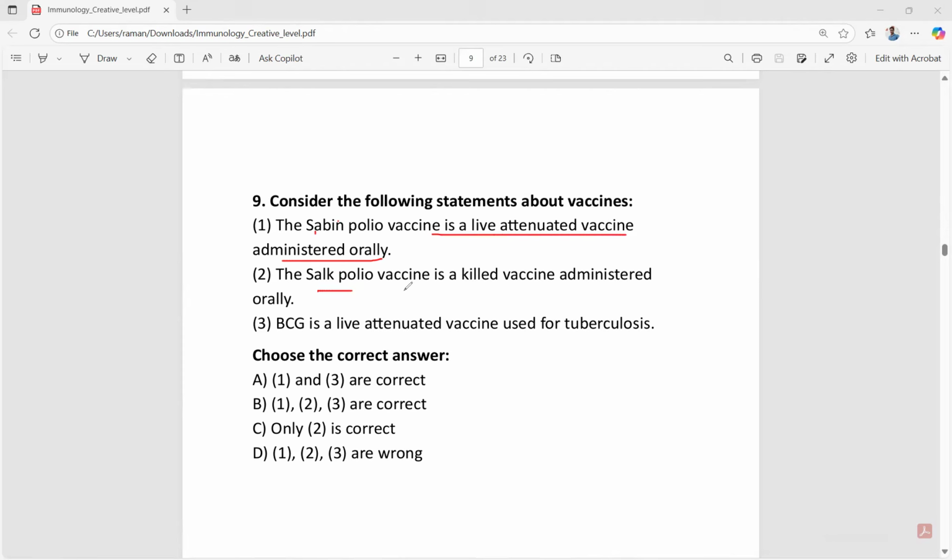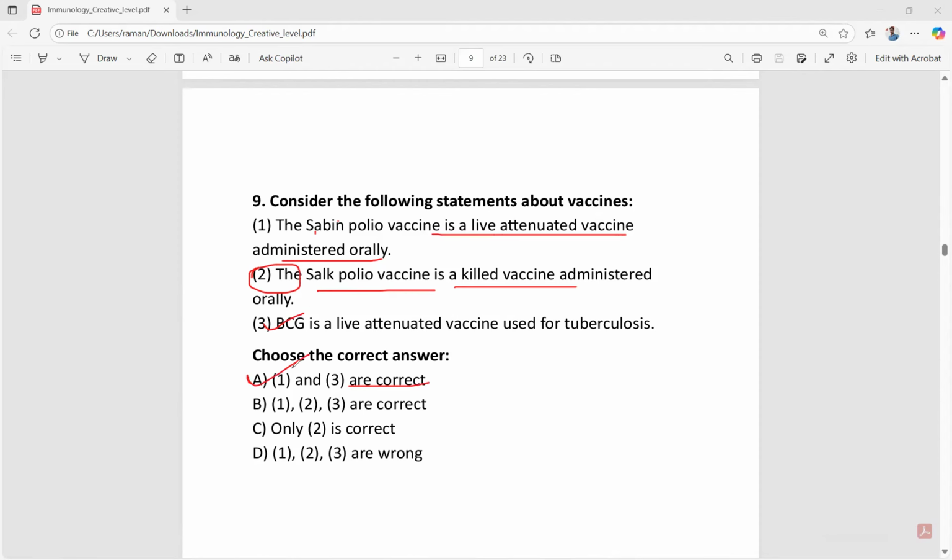The Salk polio vaccine is a killed vaccine administered orally. No. So this is not an oral vaccine. And BCG is a live attenuated vaccine used for tuberculosis. So 1 and 3 are the correct answer.